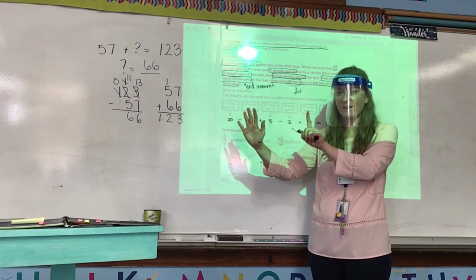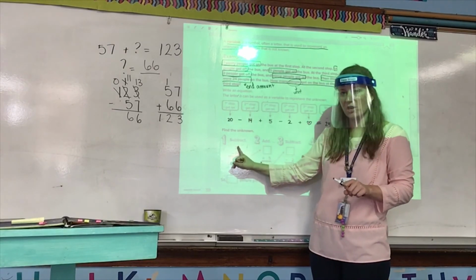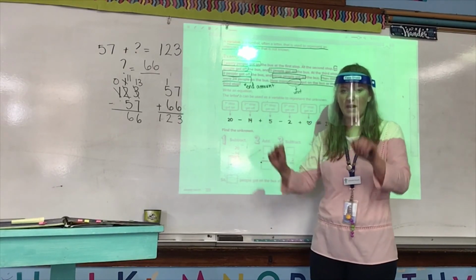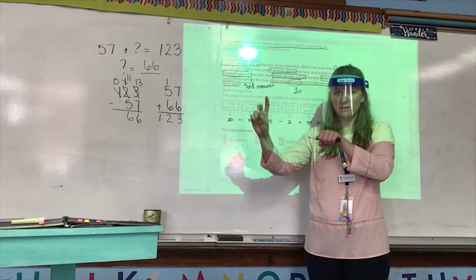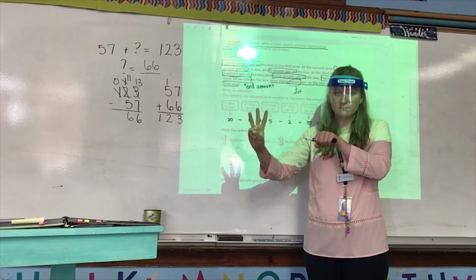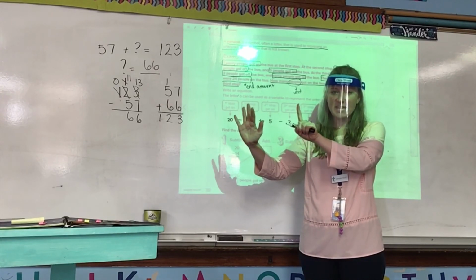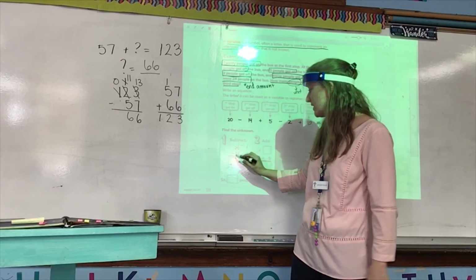Because we're trying to figure out how many it is between 20 and 14. So we're going to start at 20, stop at 14, and figure out how many stops we made on the way. So let's start again. 20, 19, 18, 17, 16, 15, 14. How many did it take us to get to 14? 6. So that means 20 minus 14 is 6.